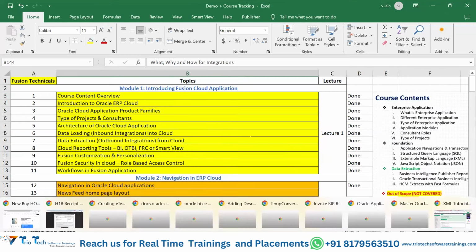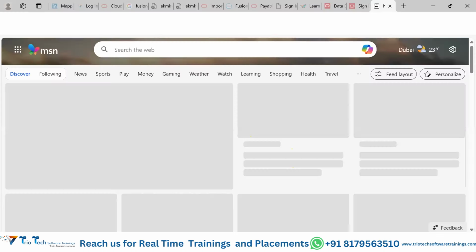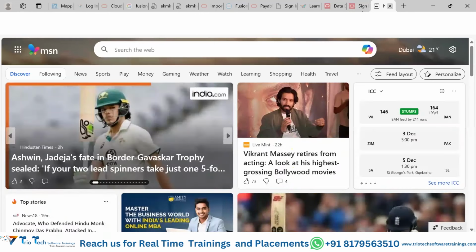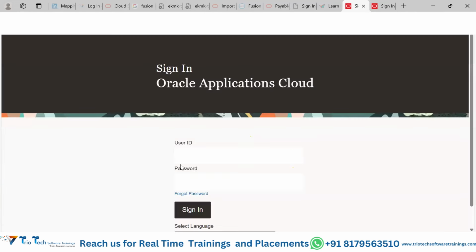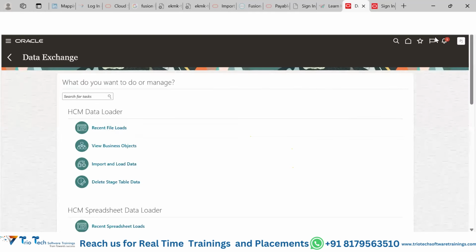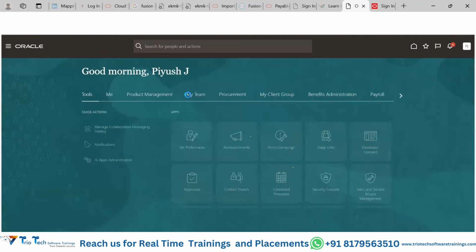Apart from this, as we were discussing, what we are going to have in our course material and how we are going to deliver things: we will be providing you the Fusion access. Fusion access will be provided in the initial part of tomorrow's class. We will be discussing how to access the Fusion application, what the global buttons are, what the different tiles are, how to access these tiles, and how to go into different screens.